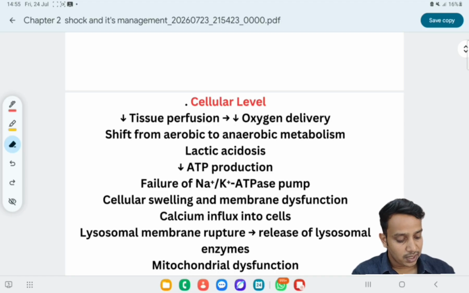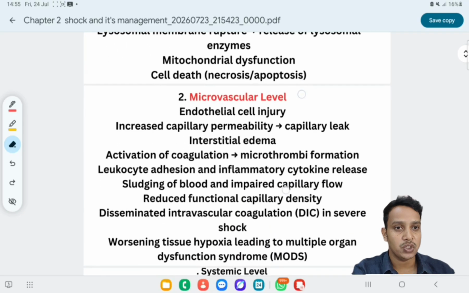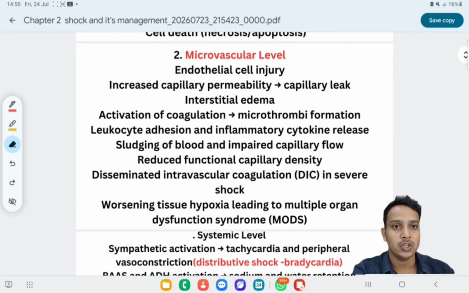So what happens at the microvascular level? At the microvascular level, whenever there is a shock, it leads to endothelial cell injury. So whenever there is an endothelial cell injury, there is an exposure of subendothelial basement membrane. So this subendothelial basement membrane exposure leads to adhesion of multiple particles, multiple macrophages or multiple neutrophils at the subendothelial basement membrane, and activation of coagulation cascade throughout the circulation will happen.